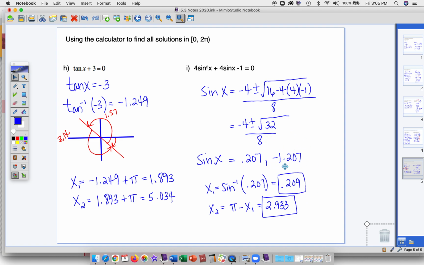If I have -1.207, can the sine of x equal this? No, right? The sine function values, and cosine function values for that matter, have to be between -1 and 1. If it's outside of that range, we get no solution from this. But you don't have to write no solution. We have 2 solutions. We just don't have any more solutions. We're not going to get 4 solutions like we might with the tangent function.